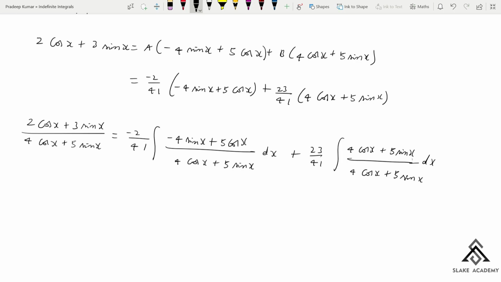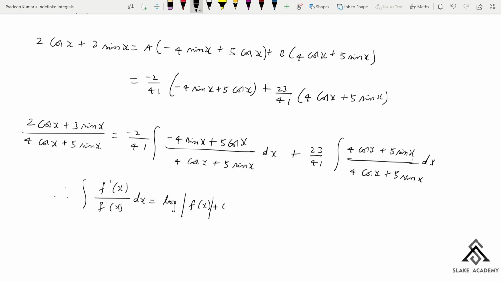Okay, now this particular one fits a formula. I'll write here integration of f dash of x by f of x dx is nothing but log of f of x plus c.